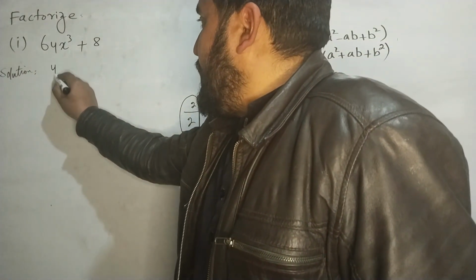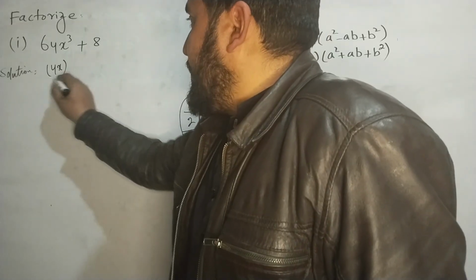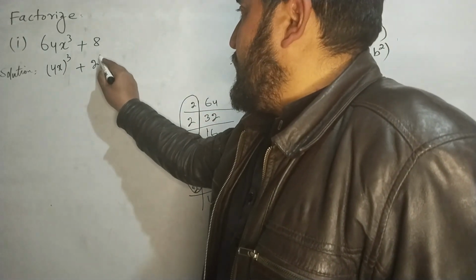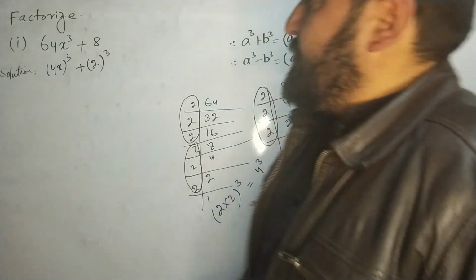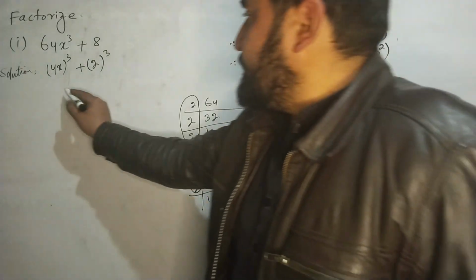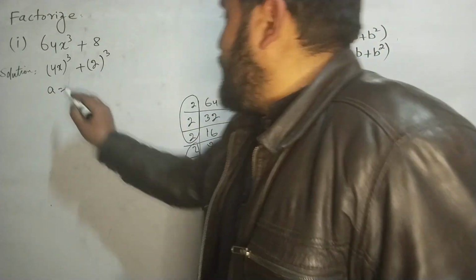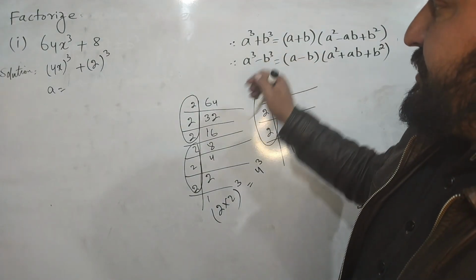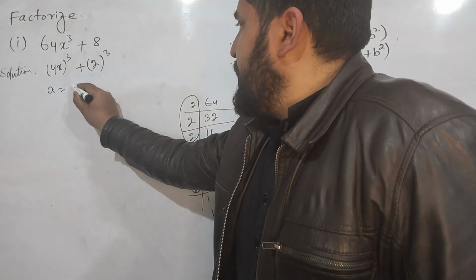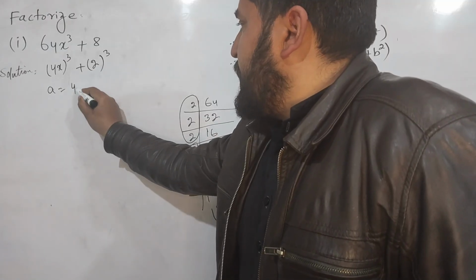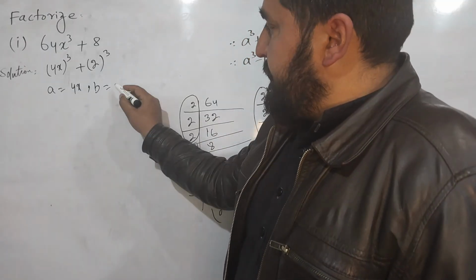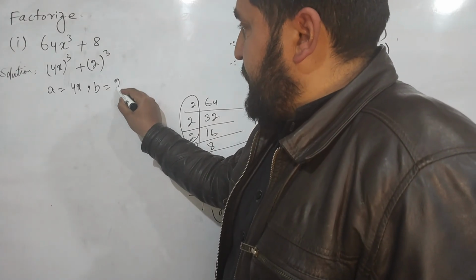So for 64x cube, we can also write this as 4x whole cube plus 2 whole cube. So here, according to this identity, a is equal to 4x, and our b is equal to 2.